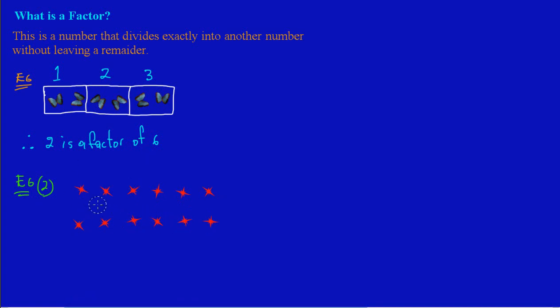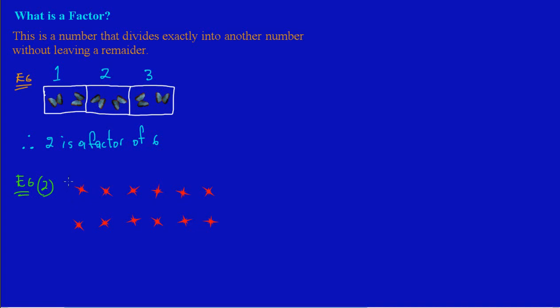And you are asked if 4 is a factor of 12. If 4 is a factor of 12, then that simply means 4 must divide exactly into 12 without leaving a remainder. We could just divide our 12 stars into groups of 4s. So let's try it to see if it works.